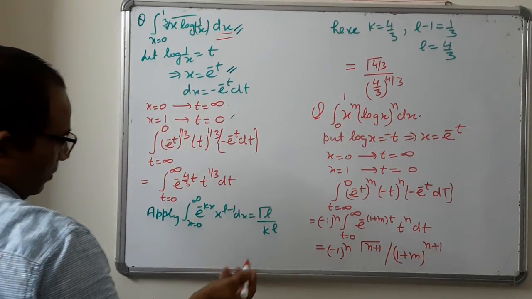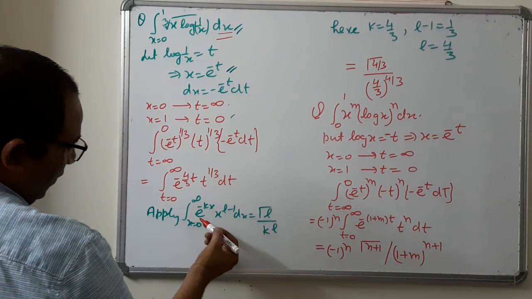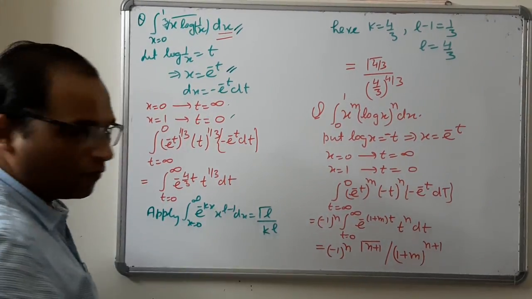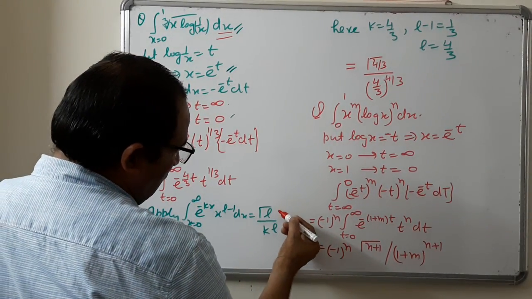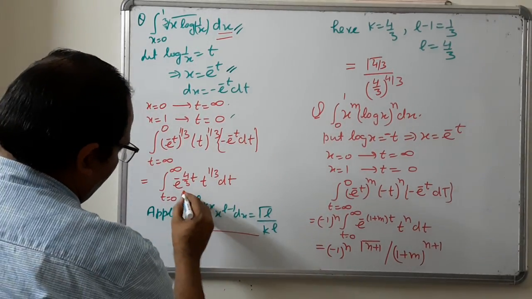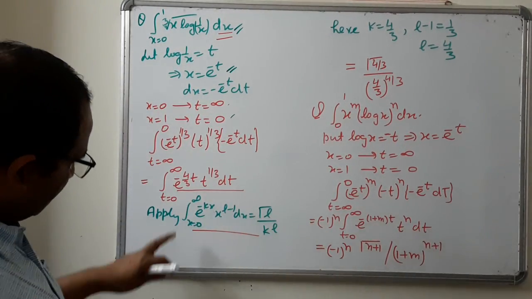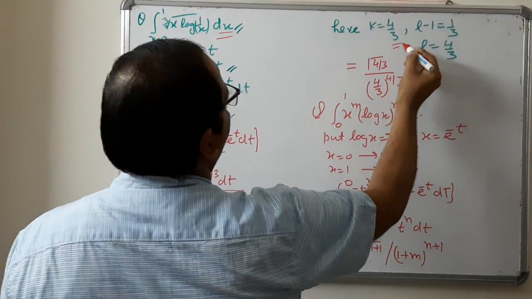Using the formula we proved earlier, the integral from 0 to infinity of e to the power minus kx, x to the power l minus 1 dx equals gamma l upon k to the power l. Compare this formula with the given integration. We can see here that k is equal to 4 by 3, so put k equal to 4 by 3.